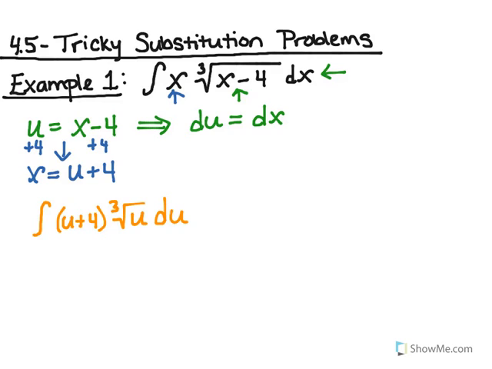Now we've actually done problems like this before. They were just x's, so we treat it like all the u's are x's. First thing we need to do is rewrite so that we have a fractional exponent, u to the 1/3. And then I need to distribute that, and then I'll be able to use the power rule.